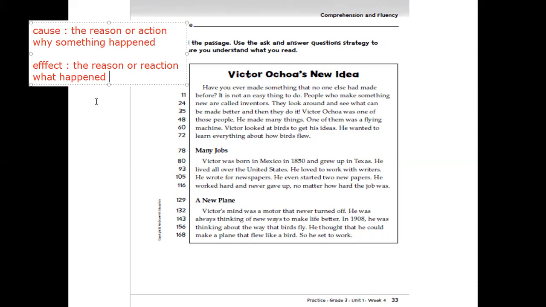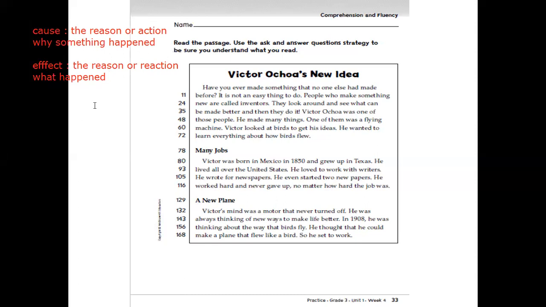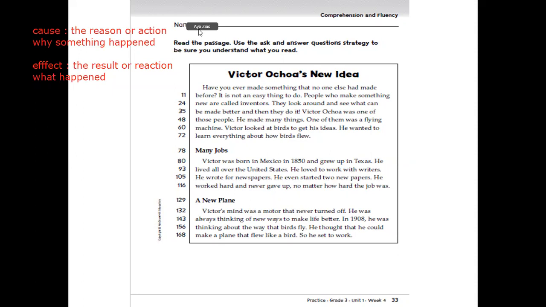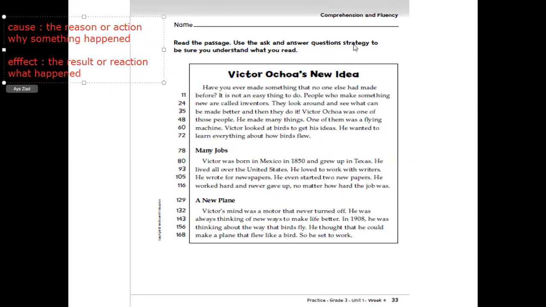Or we can say the cause is the reason or the action, and the effect is the result or the reaction. So now get your Turn and Practice book, open page 33, and let's write the date.